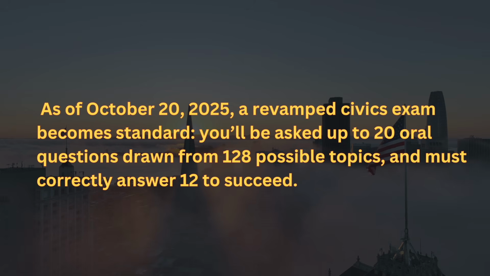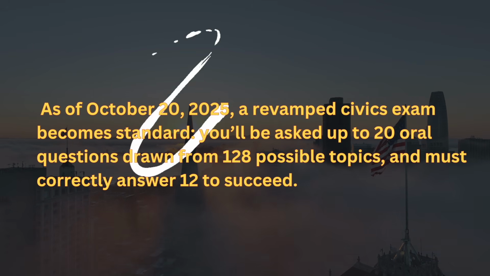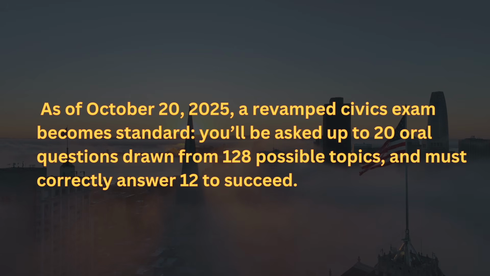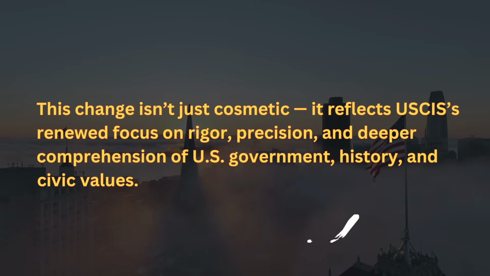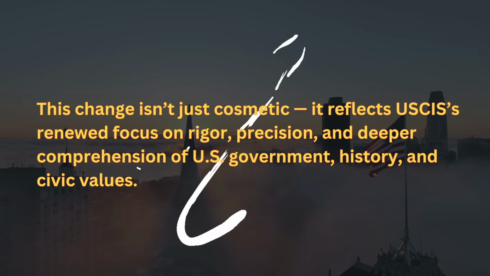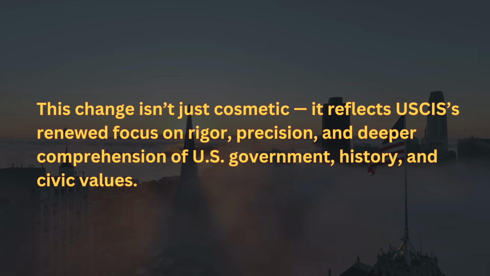You'll be asked up to 20 oral questions, drawn from 128 possible topics, and must correctly answer 12 to succeed. This change isn't just cosmetic, it reflects USCIS's renewed focus on rigor, precision, and deeper comprehension of U.S. government, history, and civic values.